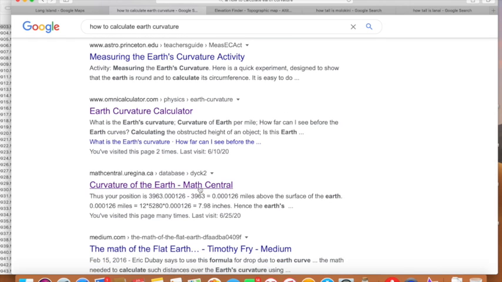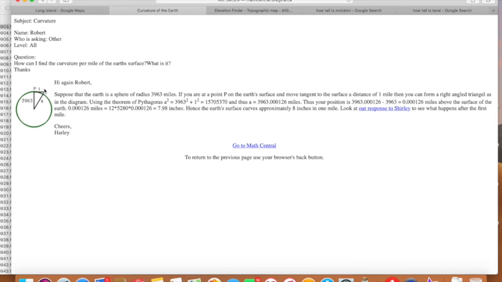Okay, my favorite website to calculate the Earth curvature is this one here, because it has a little drawing. And a little drawing helps us understand what we're dealing with here.